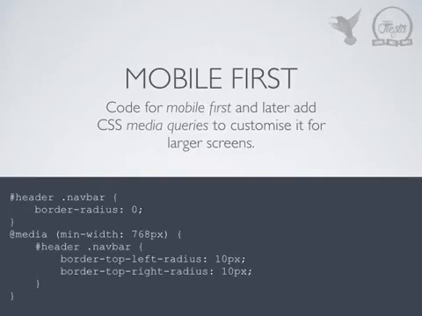But then when I move to a resolution higher than 768 pixels, this is going to create 10 pixel rounded borders on the same element. So this is one of the examples of how the code works and how you're able to do certain things with it.